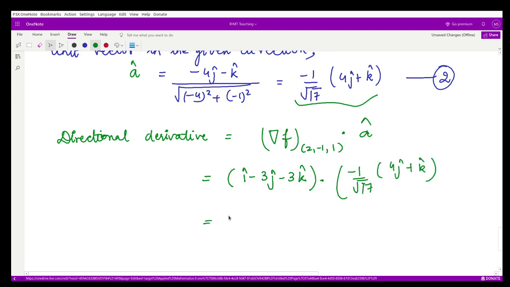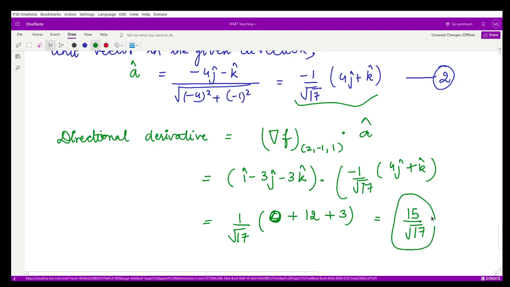So this becomes equal to 1 by square root 17, and we have 0, right, because here there is no i, so 0 into 1 is 0, then plus minus 4 into minus 3, that is 12, and then minus 1 into minus 3, that is 3. So it is equal to 15 by square root 17. So this is the value of the directional derivative which we wanted to compute here.